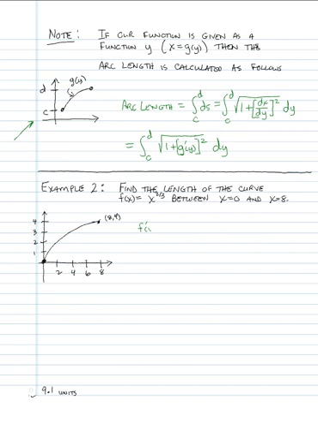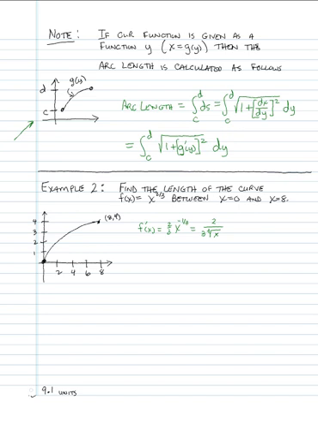So we first investigate the derivative. F prime of x here is equal to, let's see, what would it be? 2/3 times x to the power negative 1/3. And of course that would be equal to 2 over 3 times the cube root of x.